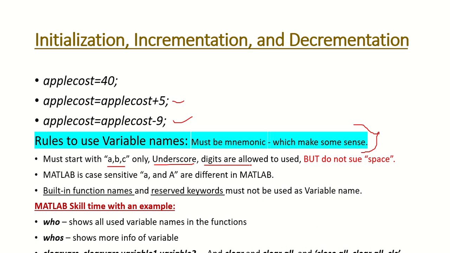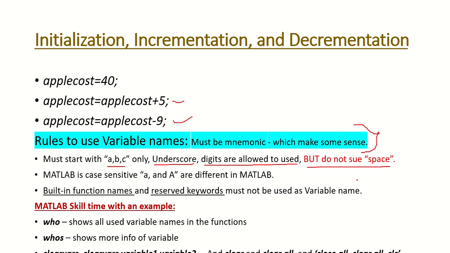Underscore and digits are allowed to use, but do not use space. In calculations like addition, subtraction, division, that means arithmetical operations, space is not the matter.